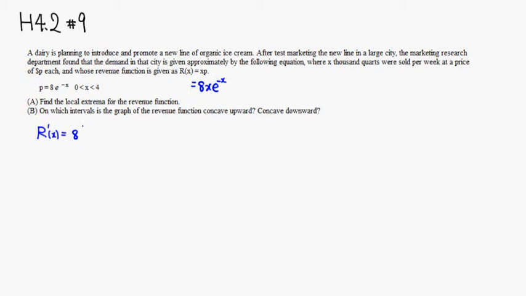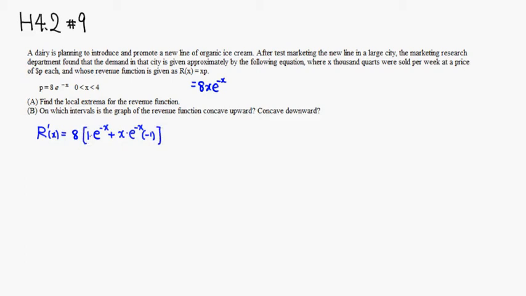It's the derivative of the first, which is 1, times the second, plus the first times the derivative of the second, which is e to the negative x times negative 1. That's the chain rule there.